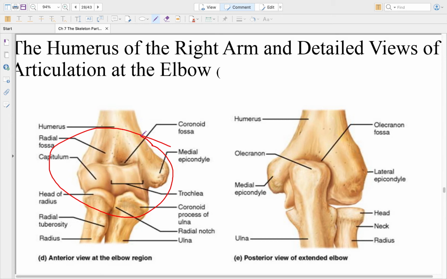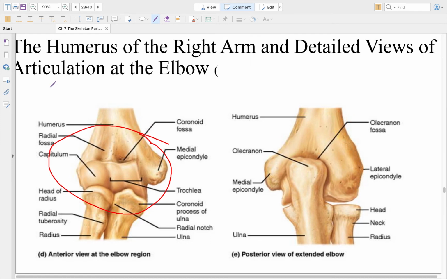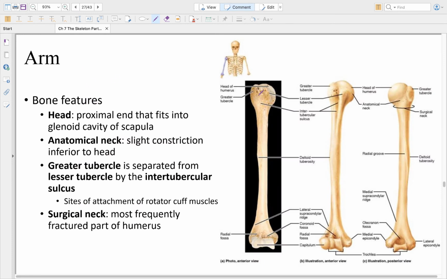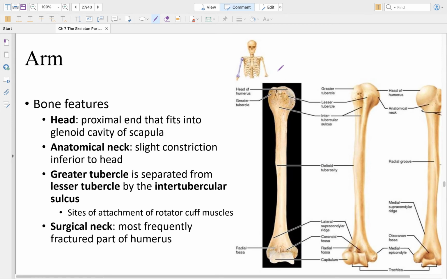If you've ever bumped your elbow and you get that kind of numb feeling, and people refer to it as your funny bone, that is a great way to remember humerus. The humerus bone, because of bumping your elbow and that old term funny bone, right? Humerus, funny, got it.